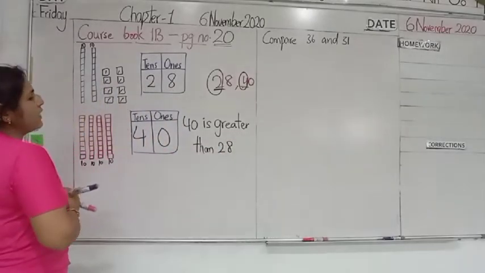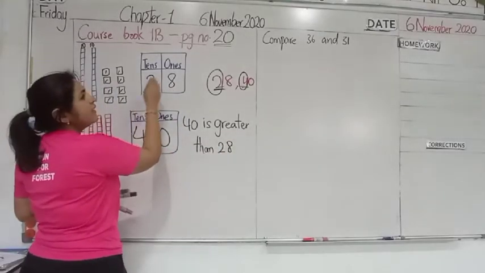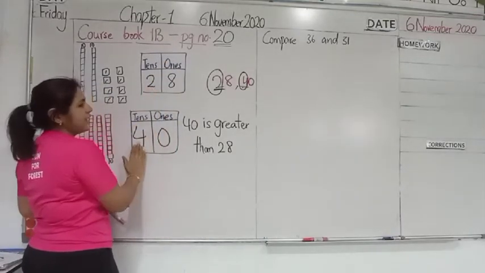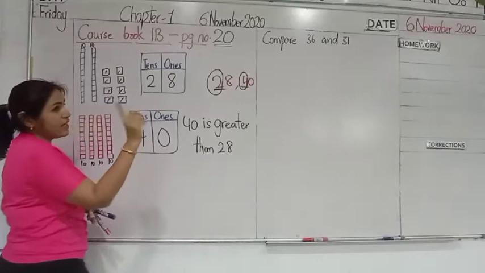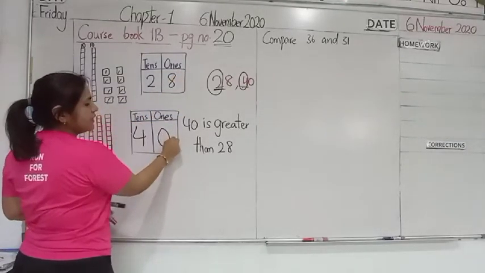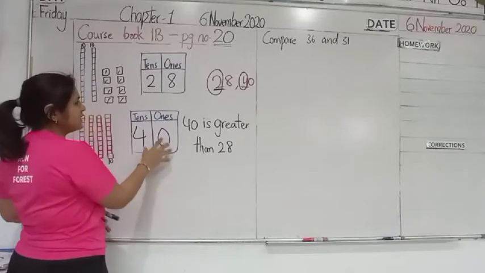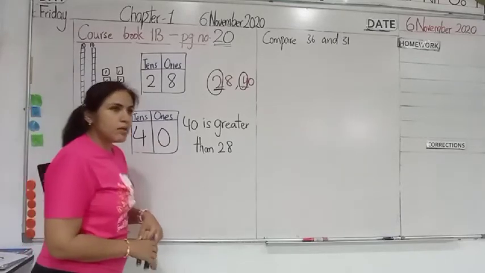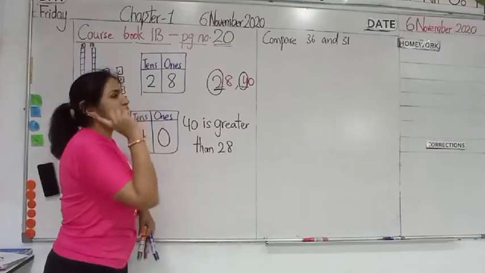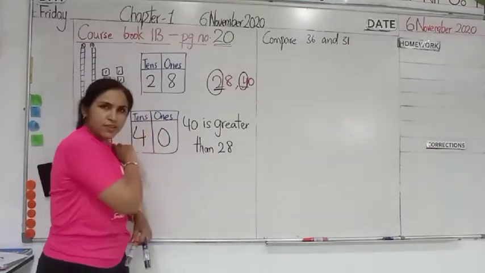How? Because we compare the tens place. We did not look at ones. But if we look at ones, here is 8 and here is 0. So can we say 40 is a smaller number? No. We should always look at tens place first.